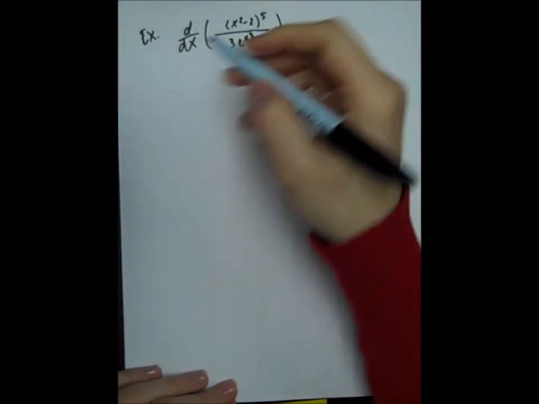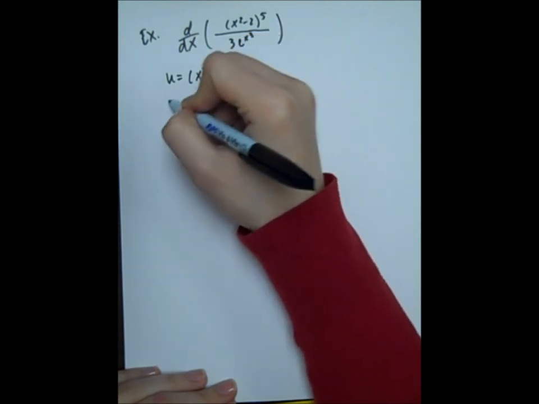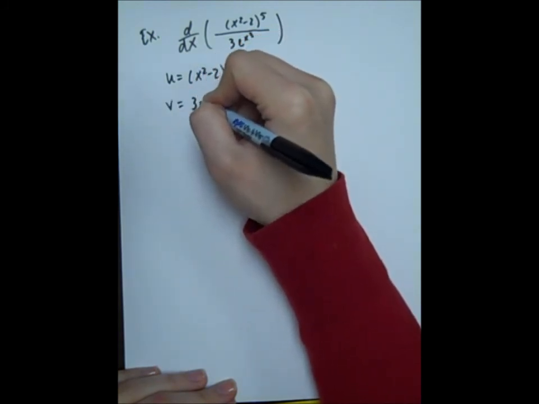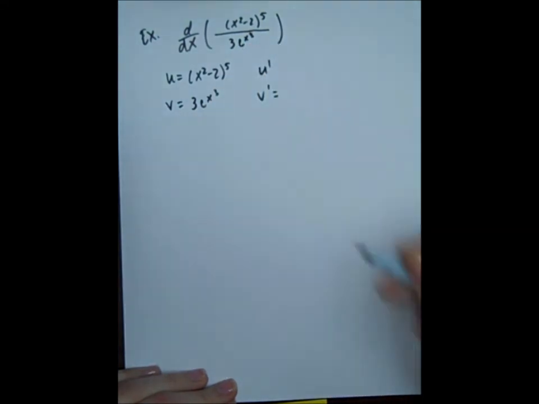So here I have a quotient, so I'm going to let u be the top, and I'm going to let v be the bottom. I just have to find u prime and v prime, then I can plug it into the quotient rule.